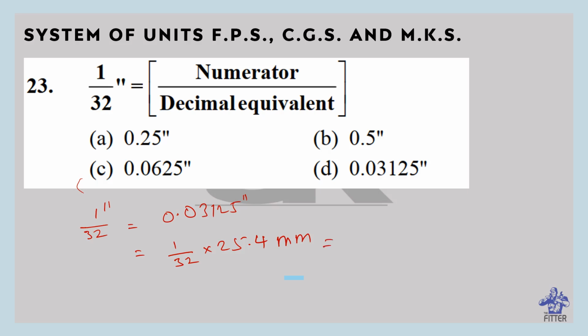If they asked in mm, but here they are asking in inches only. So here around 0.794 is coming, right? So here the answer is option D, and converting it in mm.